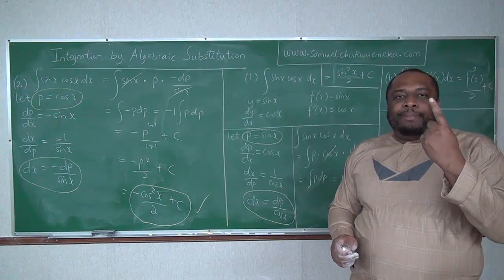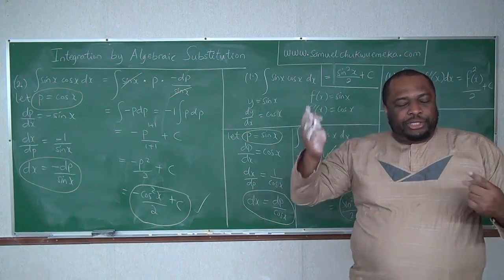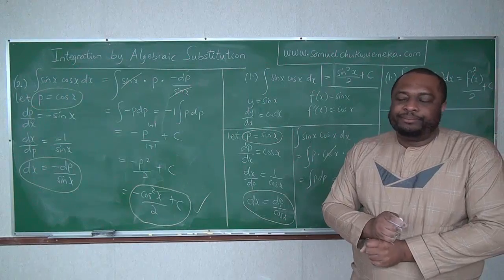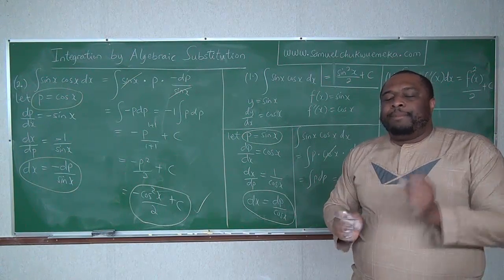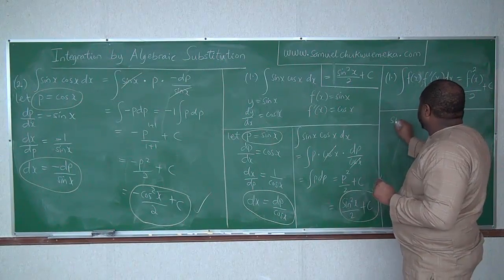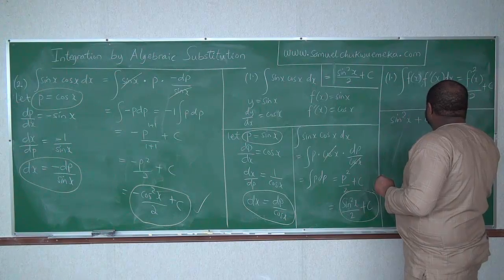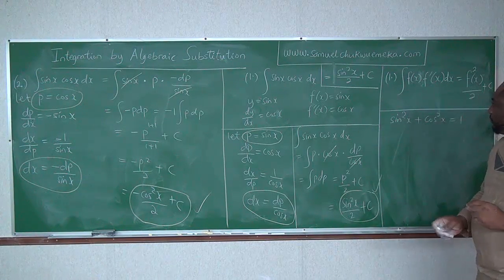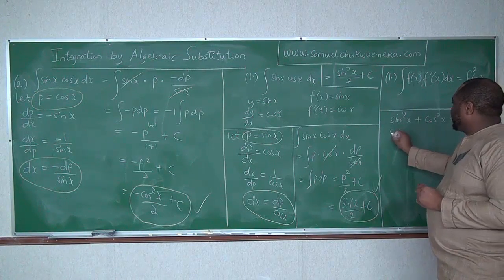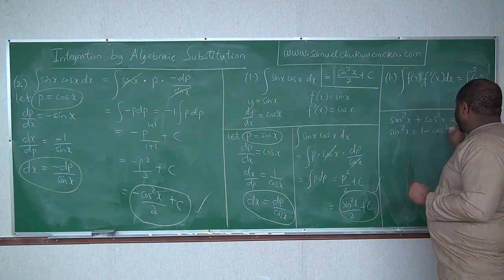If you go to trigonometry, you will see my notes and videos on trigonometry. One of the Pythagorean identities, actually the number one Pythagorean identity, is sine squared x plus cos squared x is 1. So sine squared x is 1 minus cos squared x.